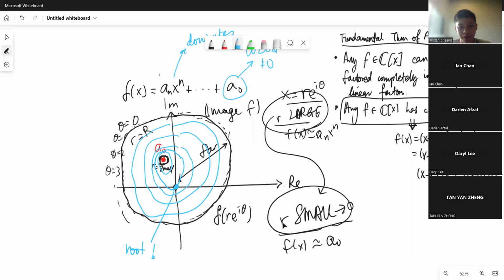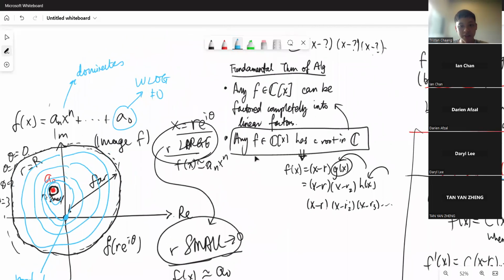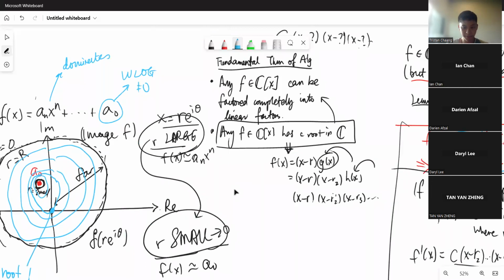For small magnitude of x, it's on this small curve. If we transition from large magnitude to small magnitude and cover all possible x's, at some point it must cross the origin in order to get to a_0. When that happens, that corresponding x and theta is a root for f. And that's how you prove this statement: any polynomial has a root in C.